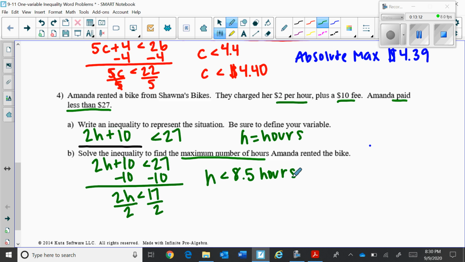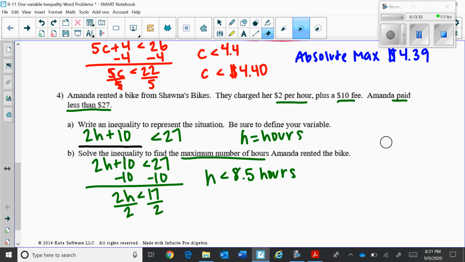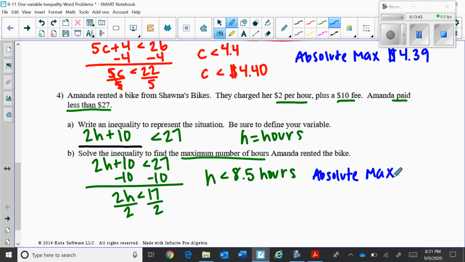So for both of these, 3 and 4, when it's talking about the maximum cost, maximum number of hours, it's okay to just leave it like that, where it has to be less than 8.5 hours, less than $4.40. Finding that absolute max is a little bit weirder, but you're more than welcome to write that. So this absolute max, because we can't be equal to 8.5 hours, would be 8 hours and 29 minutes.